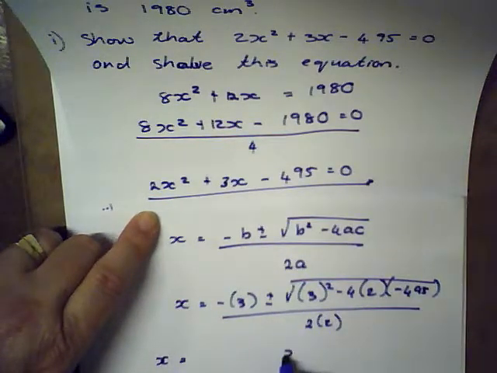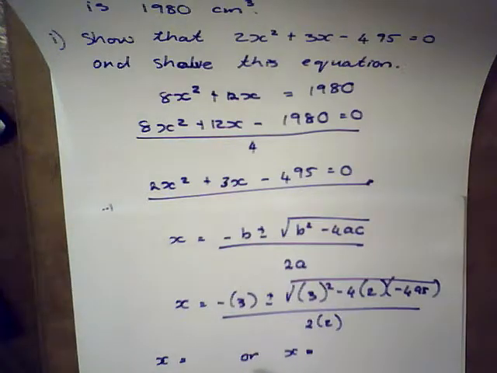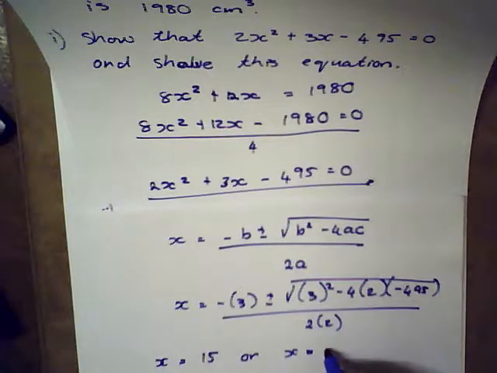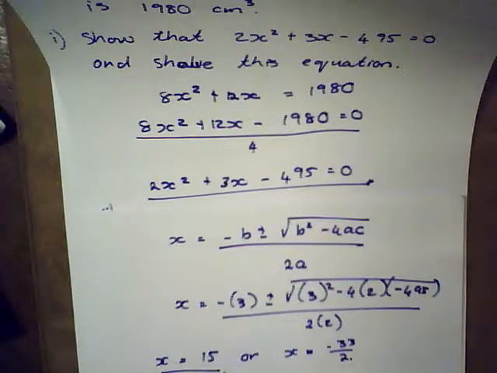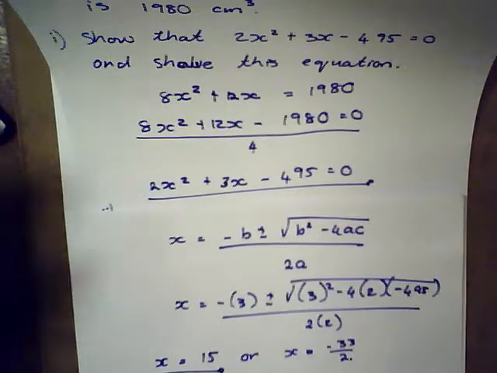If I plug that into my calculator, I will get 2 different values. If I do it quickly, x equals 15. If I use the negative, I get x equals negative 33 over 2. Well, a dimension can hardly be negative, so I'm going to use x equals 15.